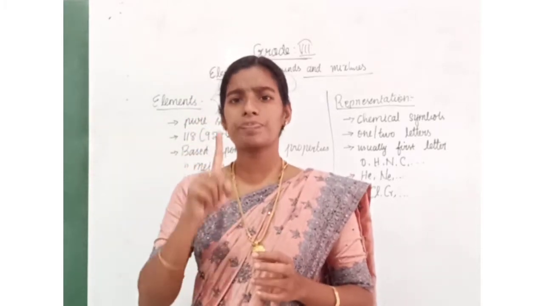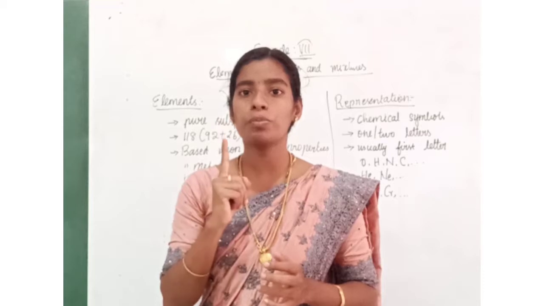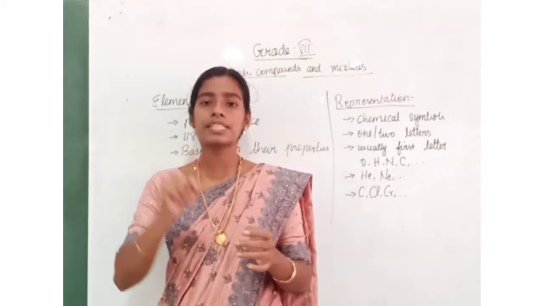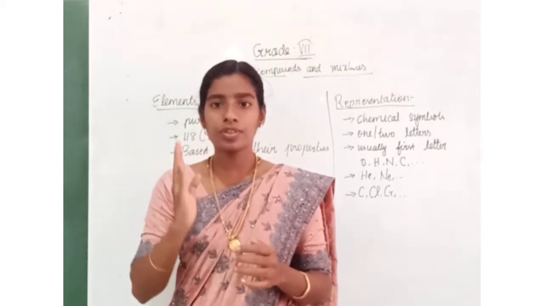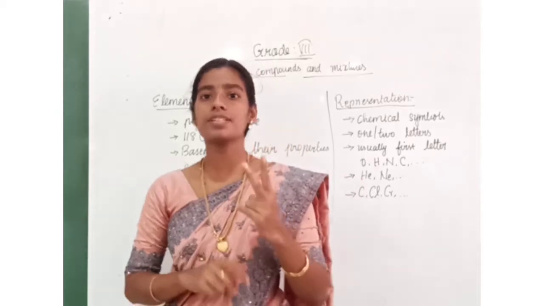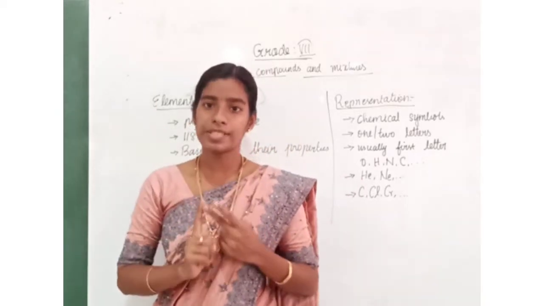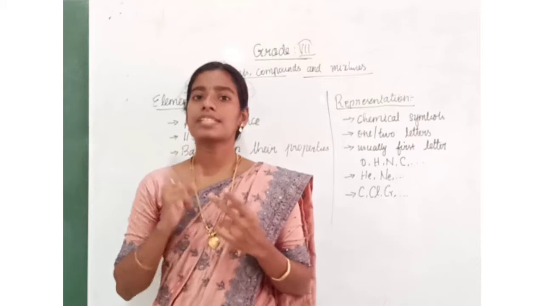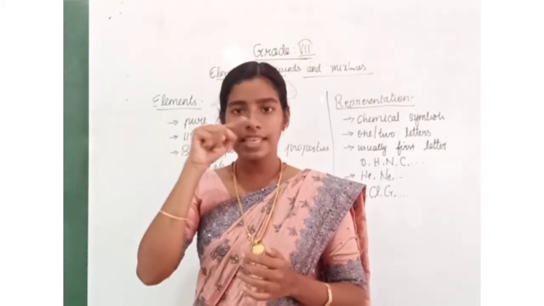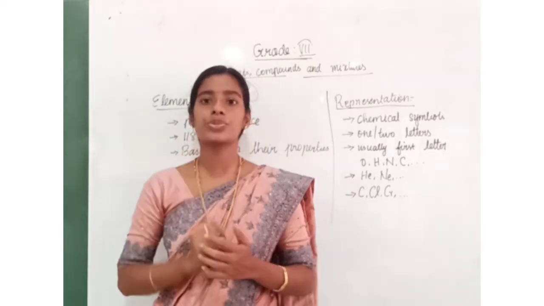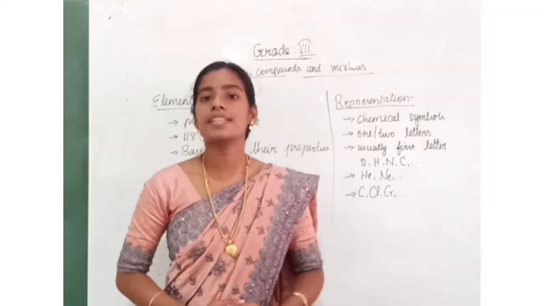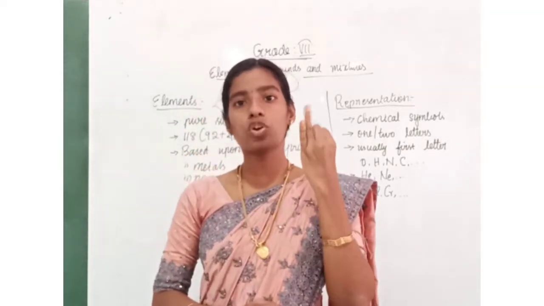While you write one letter, this one letter should be a capital letter. Oxygen should be denoted as capital O. And when you represent some elements using 2 letters, the first letter should be a capital letter and the second letter should be a small letter. Example, for chlorine, C should be capital and l should be small letter. And lastly, consider carbon, chromium, chlorine.